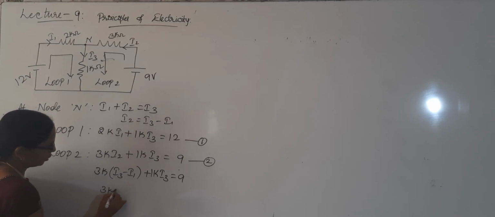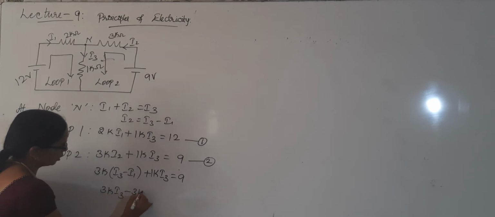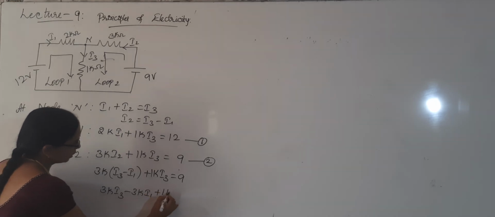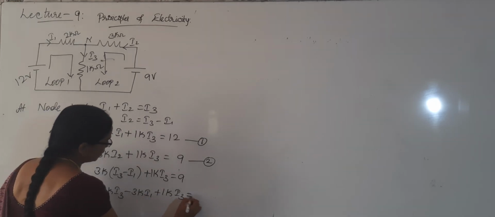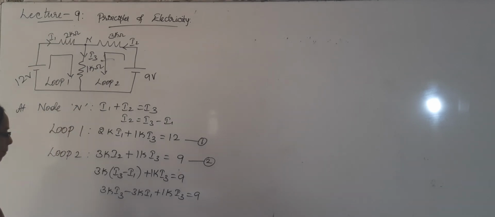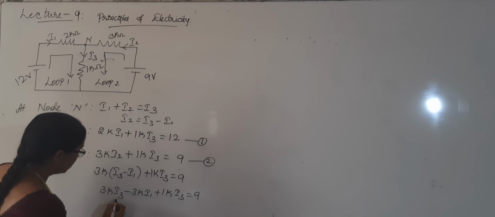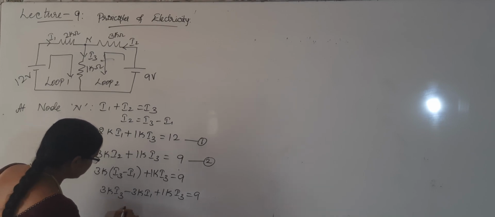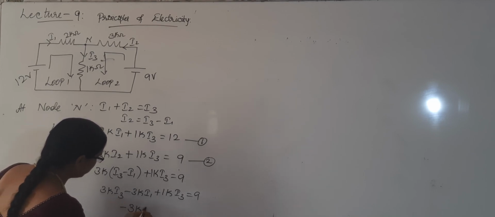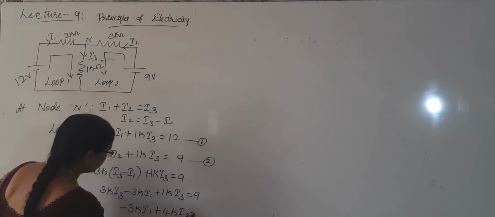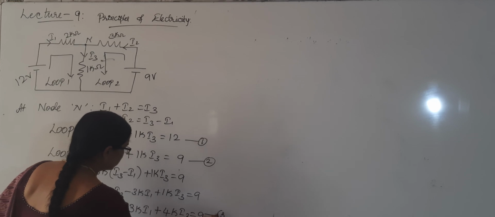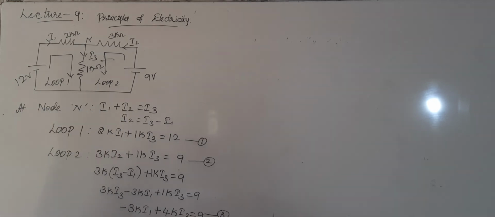So 3 kilo into I3 minus 3 kilo into I1 plus 1 kilo into I3 equal to 9. Here the equation will be minus 3 kilo into I1 plus 4 kilo into I3 is equal to 9. I will call this equation 3.